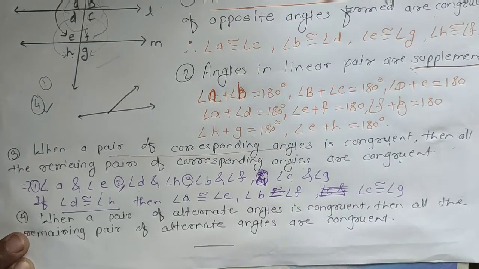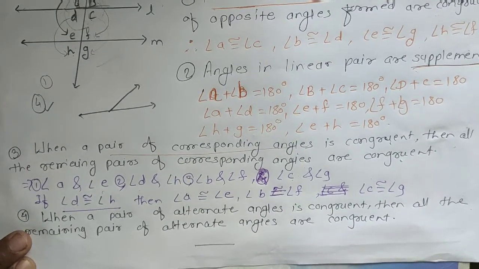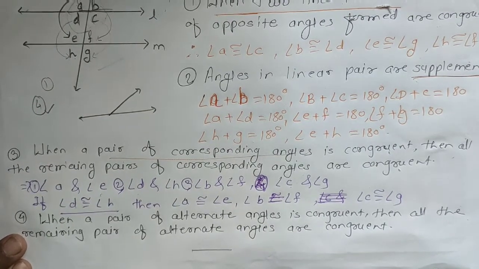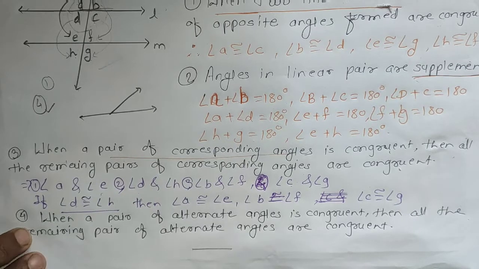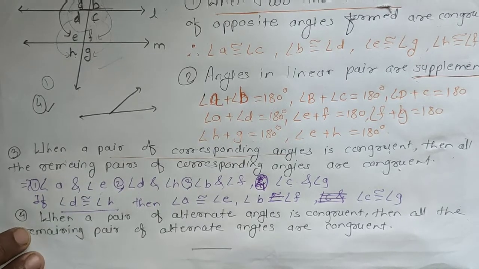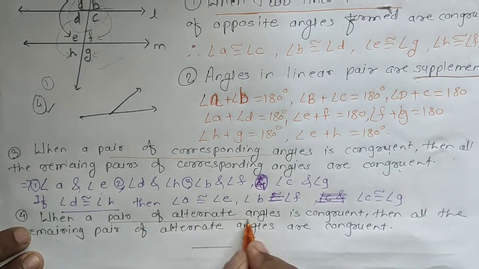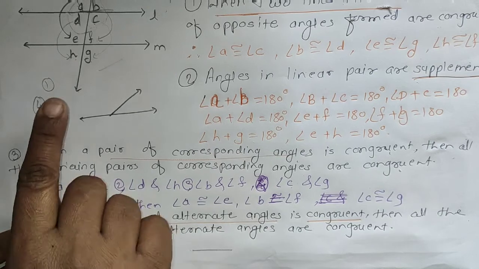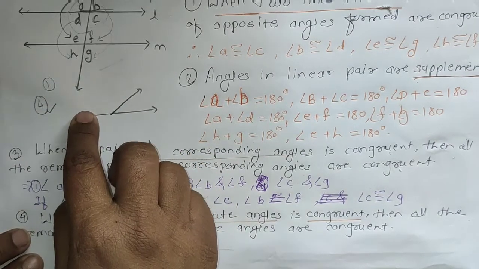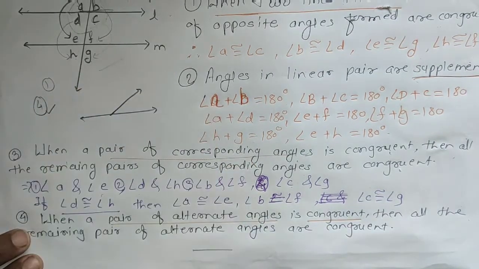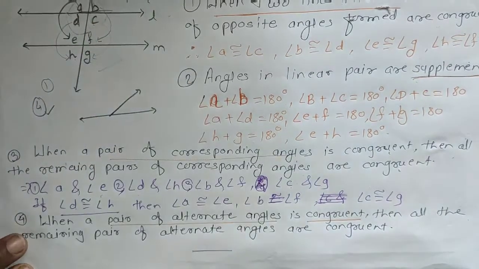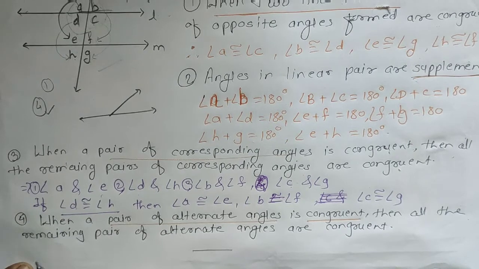Okay, so this is the next important property. So we will see here what it told us. In this statement, if you notice, a pair of alternate angles are congruent. If you see this figure, four pairs of alternate angles are there. First, interior alternate angles, and secondly exterior alternate angles.